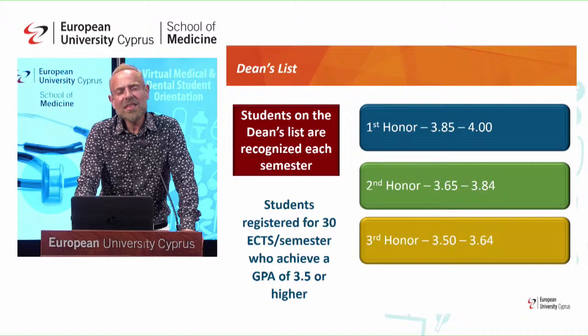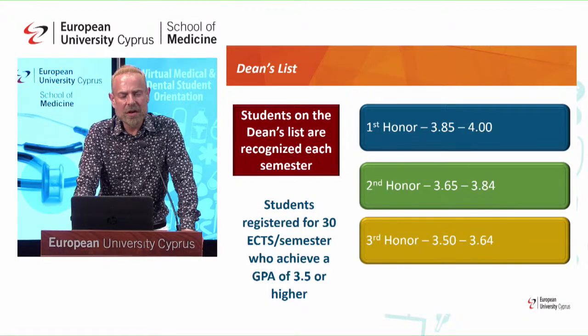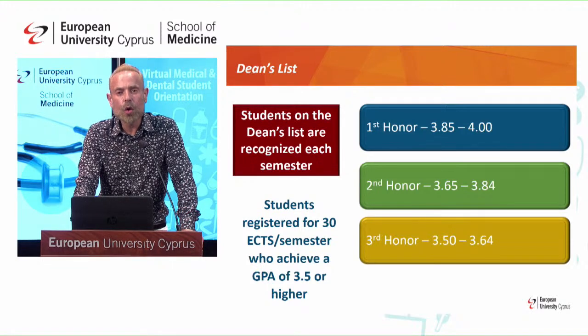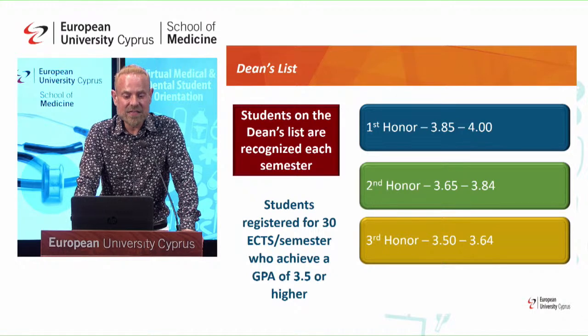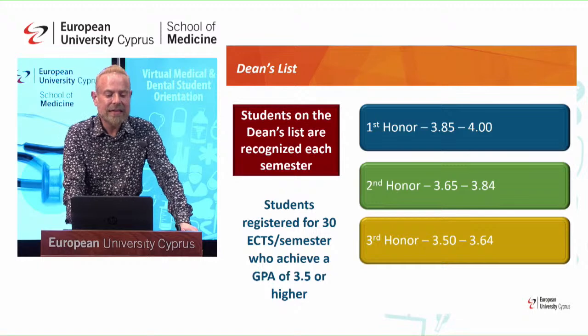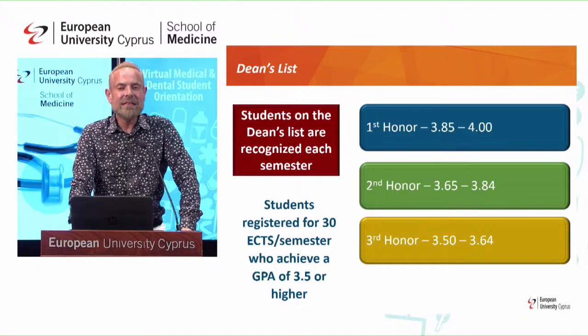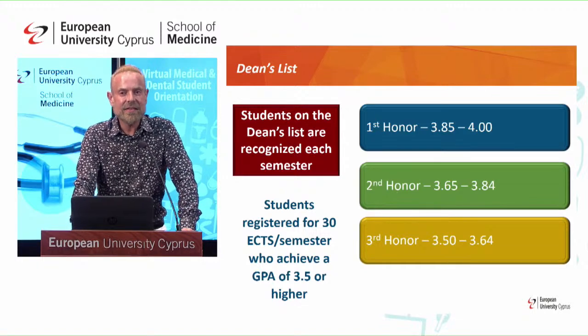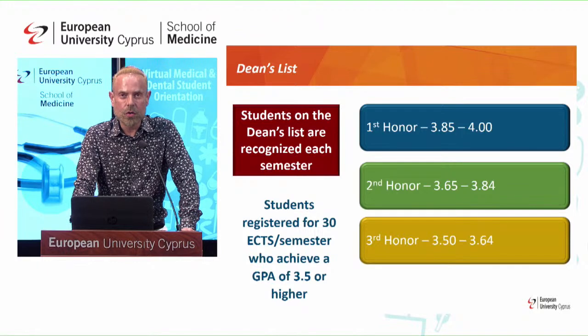But other than all these warnings, we do reward students who do well. And for this, we have the so-called Dean's List. What is the Dean's List? The Dean's List is a list of students who have achieved high GPAs and they are given first, second, or third honors.